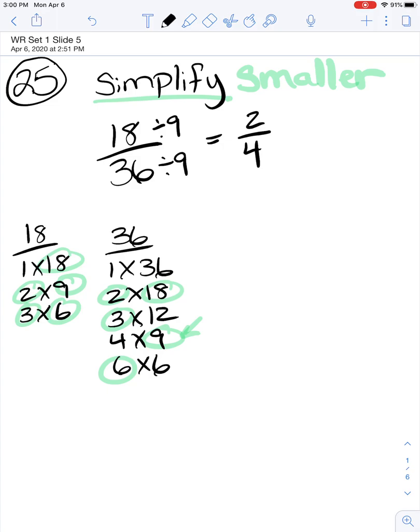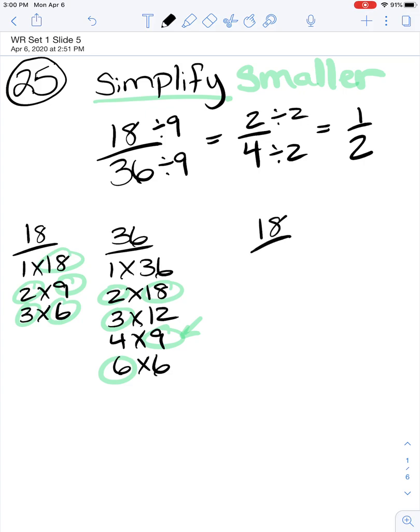We could stop there, which is 2/4, but we could also go to our smallest fraction. I know because they're both even that 2 goes into both. So whatever I do to the bottom, I do to the top, and it's 1/2.